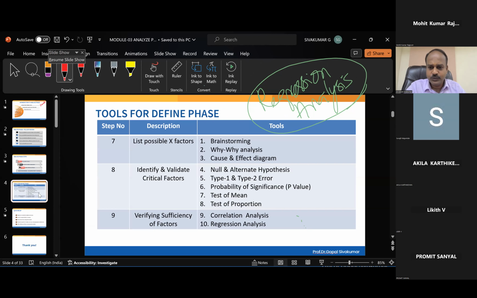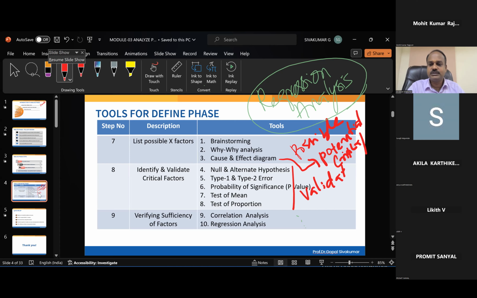Yeah, here. So these tools are helping you to find out the possible X factors. And this particular tool will help you to find out the potentially critical factor. And these tools will validate.